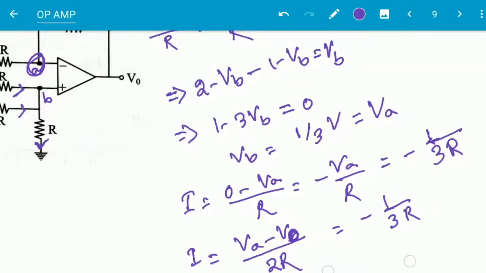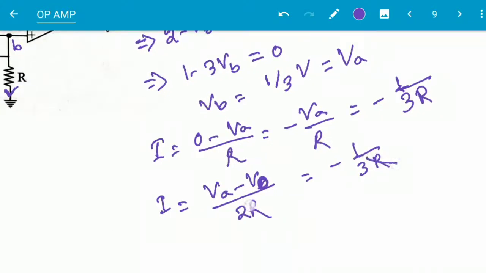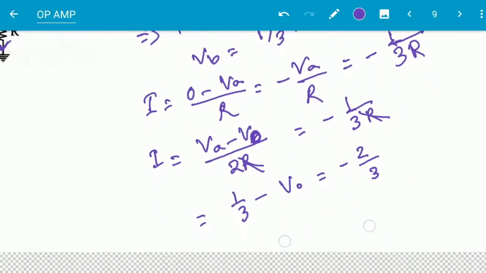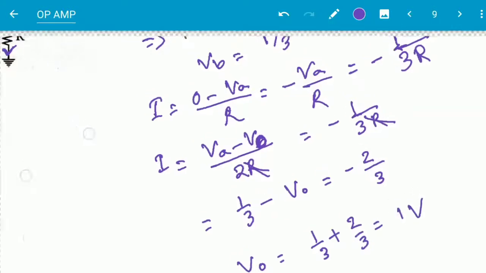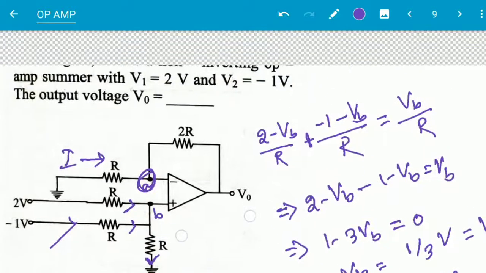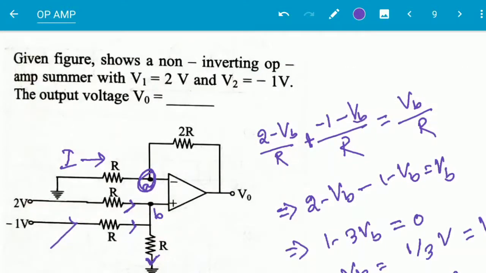If we cancel out R from both sides, 1 by 3 minus V output will be equal to minus 2 by 3, and V output will be 1 by 3 plus 2 by 3, which equals 1 volt. So the answer will be 1 volt here.